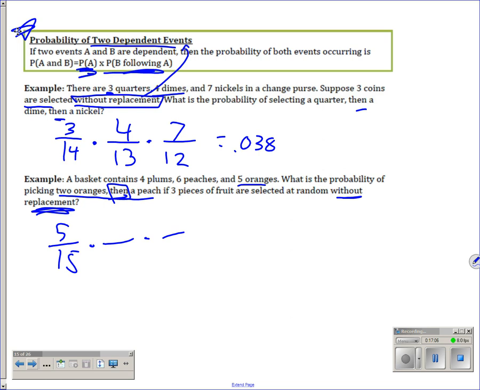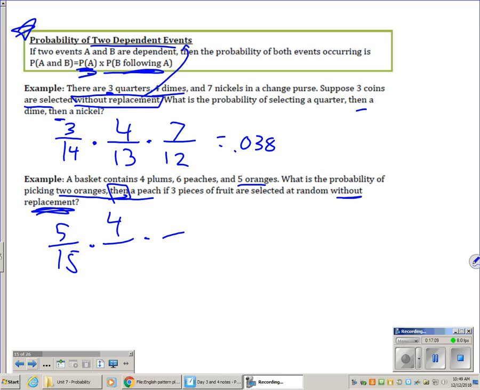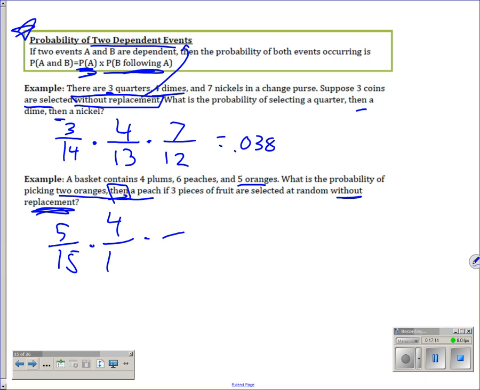Yes, we got 4 oranges left to pick from, out of 14, because we went down by 1 fruit, in both the numerator and the denominator. And then I'm keeping both of those, so I'm down to 13. And how many peaches? 6 peaches, thank you. Y'all are getting the hang of this.